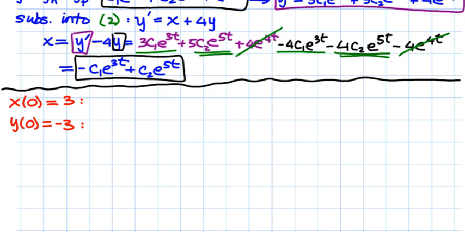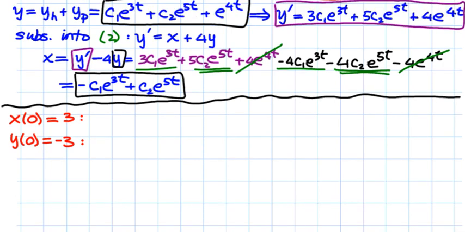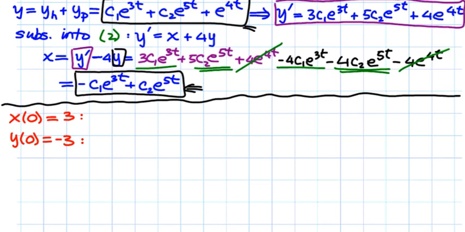This is x, and that is y. So we're going to put 0 in for t of the x function. This one here: negative c1 e to the 3 times 0 plus c2 e to the 5 times 0.